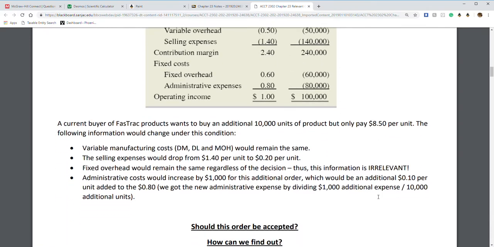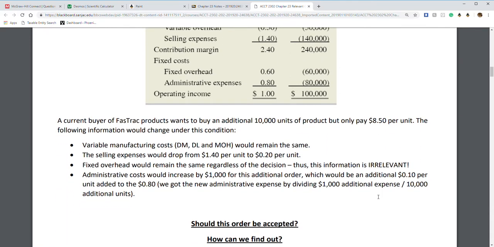So, the scenario goes like this. A current buyer of Fast Track products wants to buy an additional 10,000 units, but they're only willing to pay $8.50 per unit. So when we add additional product, we may have some changes going on depending on how it goes. So these changes under this condition are as follows.